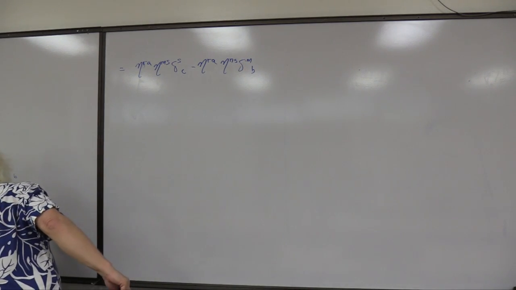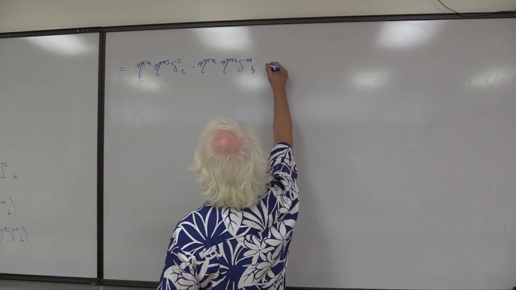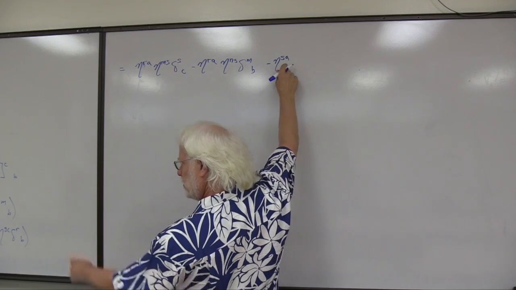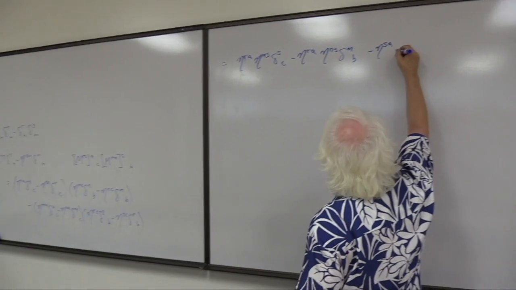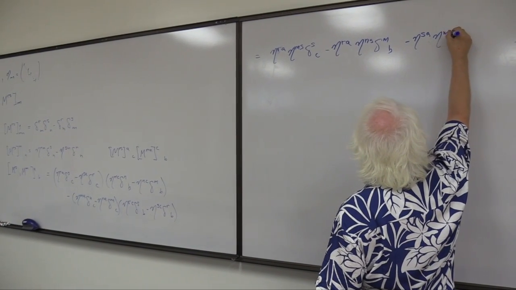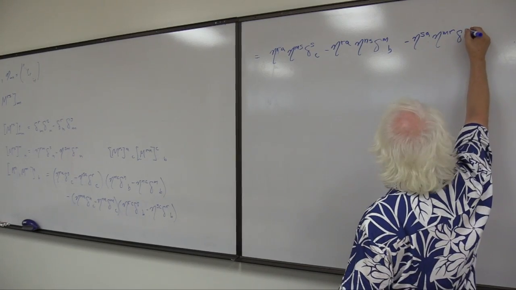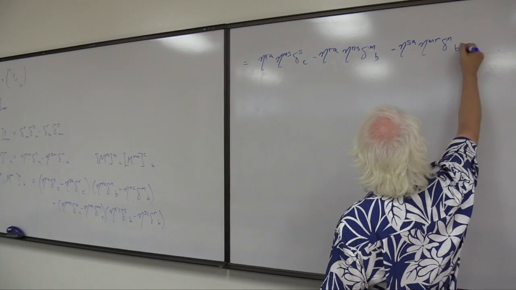Then the second one here with the first one, eta S A. The Kronecker makes it eta M R, and then we have a delta R C, delta N B, excuse me.